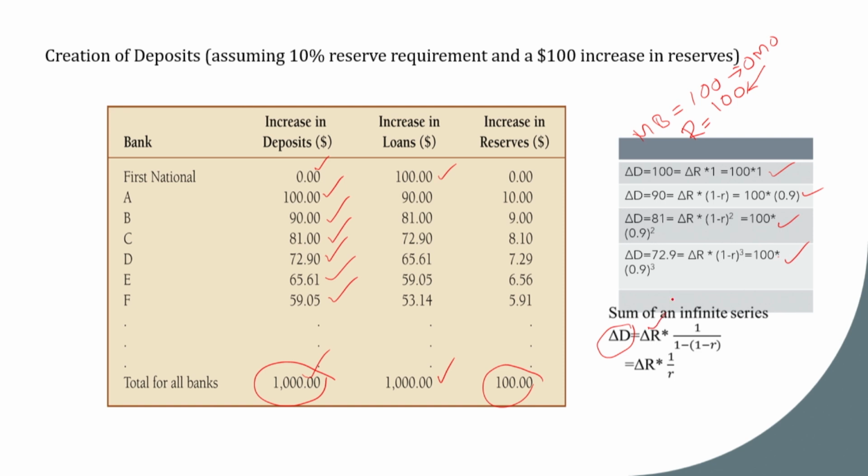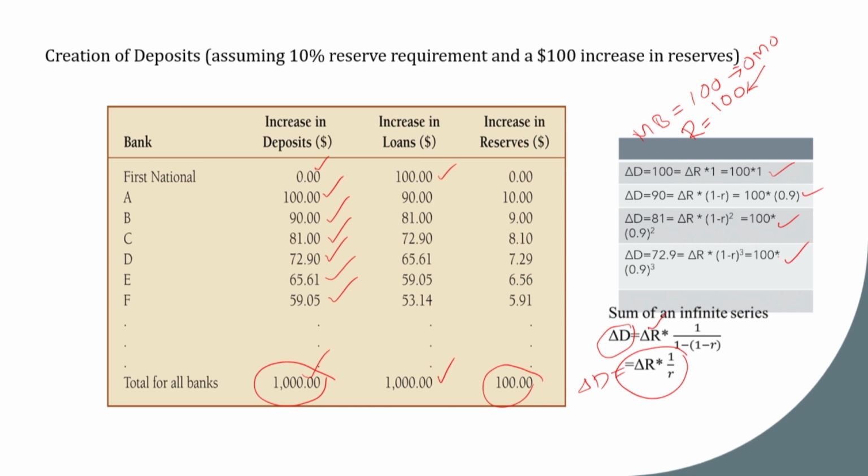That is R times 1 divided by 1 minus (1 minus R), and finally this would read like that: del D is equal to del R, that is the 100, times the inverse of the required reserve ratio, that is the inverse of 10%. The inverse of 10% is obviously 10.